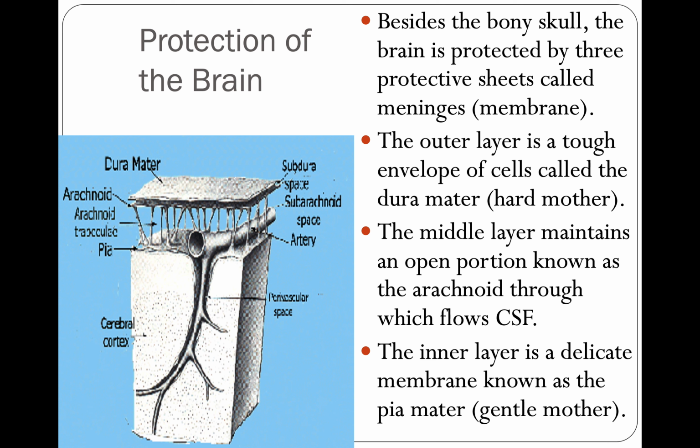The middle layer maintains the open portion known as the arachnoid, through which flows CSF, and CSF is cerebrospinal fluid. It is a clear liquid that is very similar to the serum in your blood. It's salty. If you ever taste it, please don't.